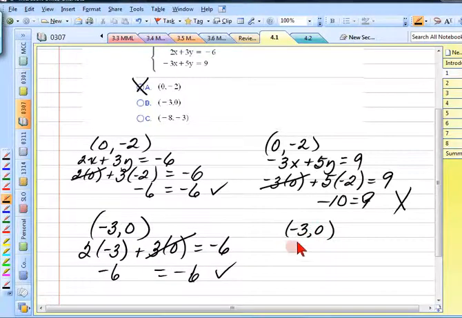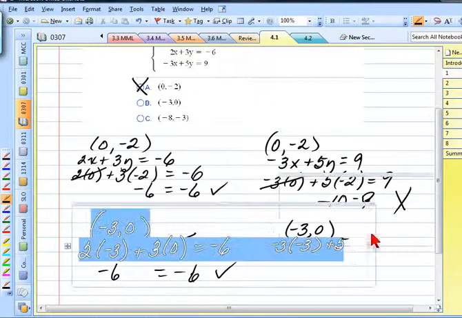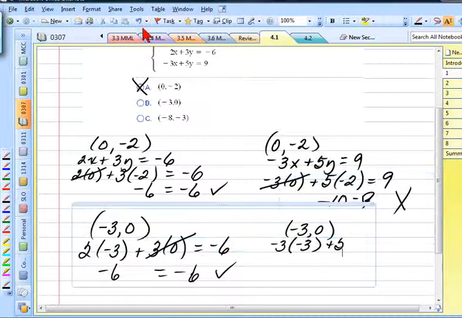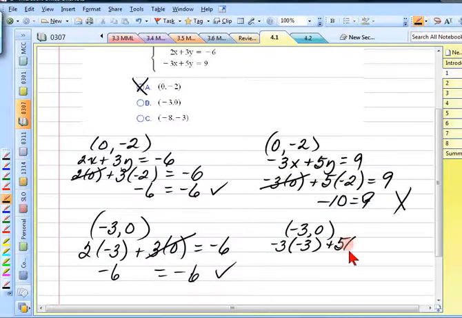Okay, the second equation is negative 3 times negative 3 plus 5 times 0 is equal to 9. And negative 3 times negative 3 is 9.